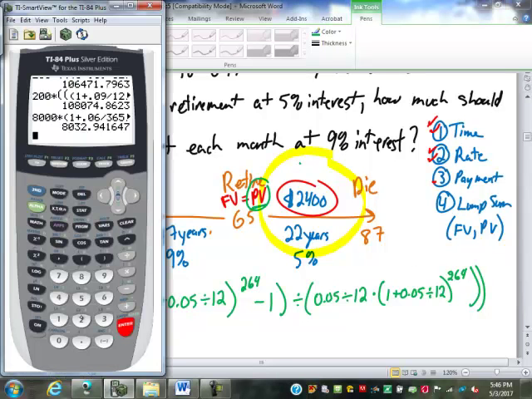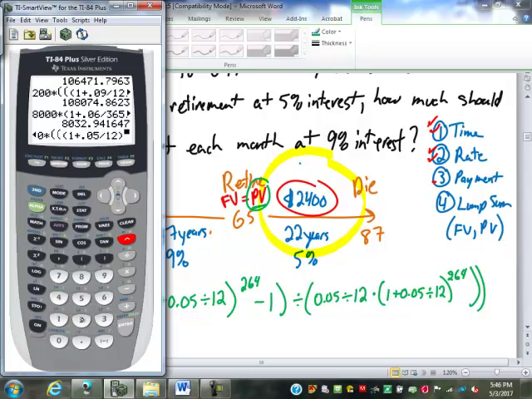So, 2,400 times 1 plus 0.05 divided by 12, power of 264, minus 1.